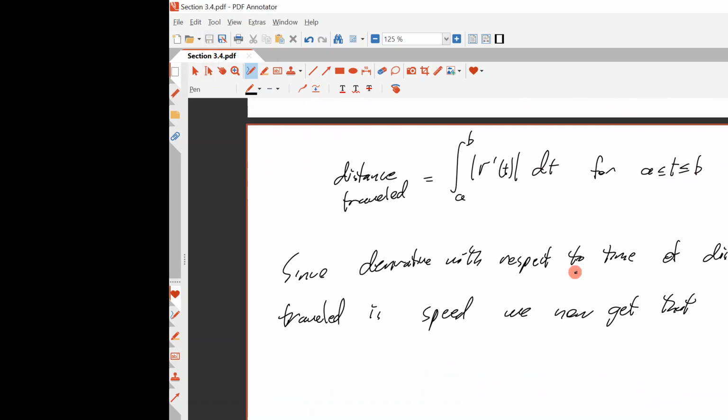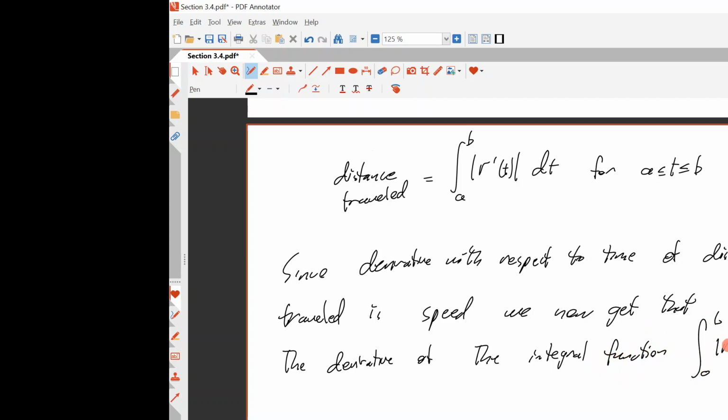Since the derivative with respect to time of distance traveled is speed, we now get that the derivative of the integral from a to b of the length of r prime of t dt is speed.